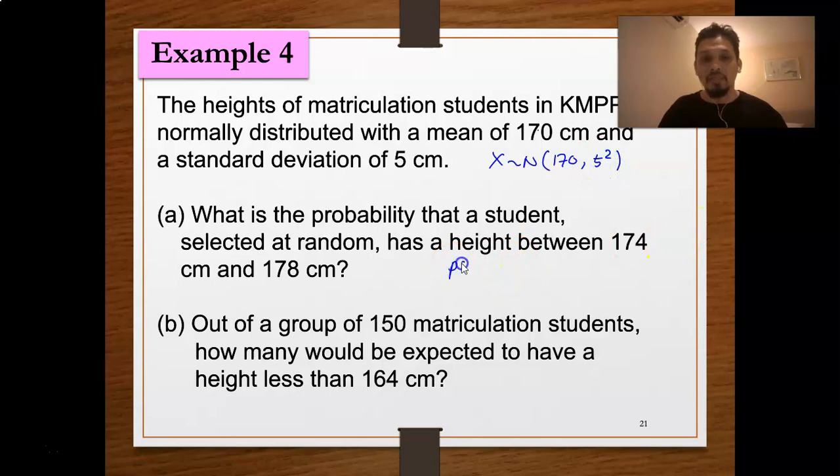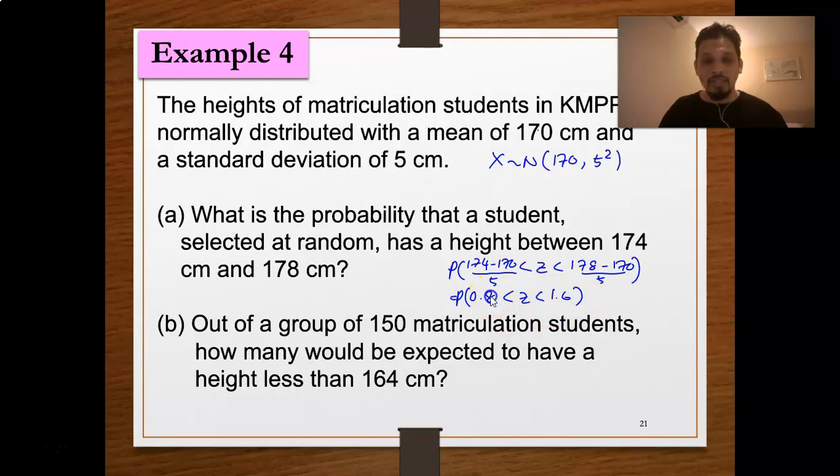So for Z, 174 and 178: 174 minus 170 divided by the standard deviation 5, and 178 minus 170 divided by the standard deviation 5. This gives you 0.8 and 1.6.